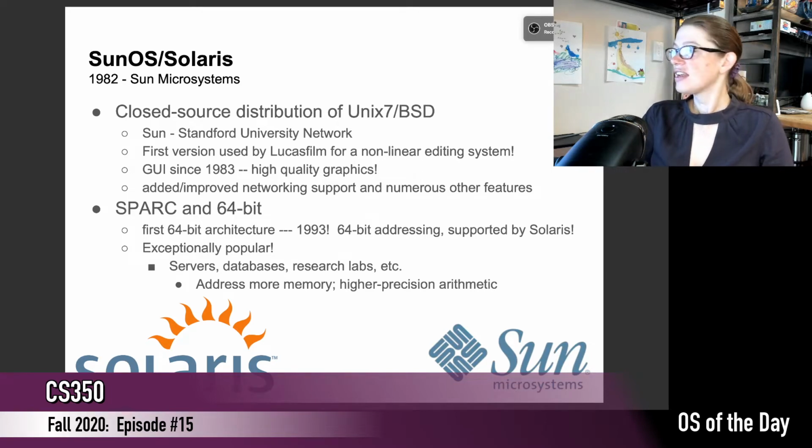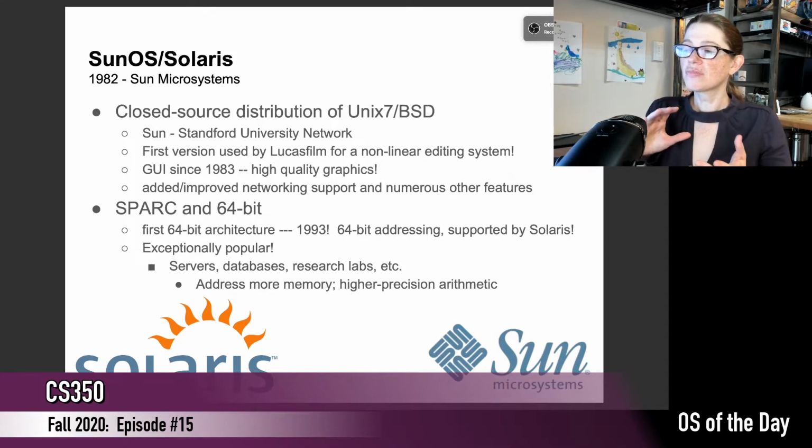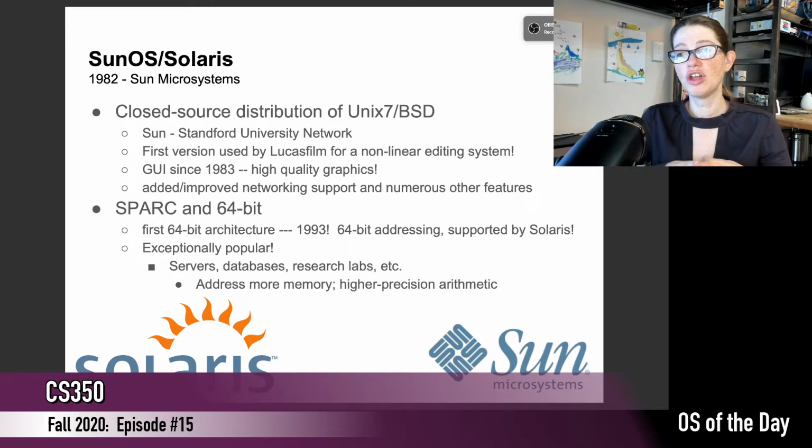All right, so other things about SunOS and Solaris. So one of the lovely, interesting things about Solaris is that, in 1993, Sun actually became the first commercial 64-bit architecture on the market because they recognized at an early date that we were running out of 32-bit addresses.